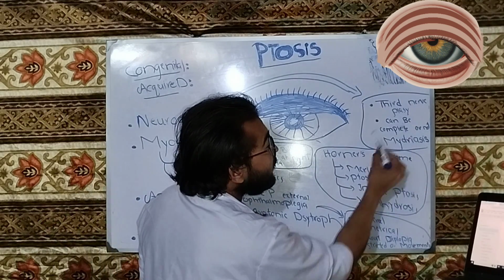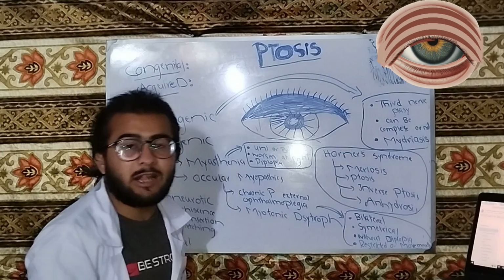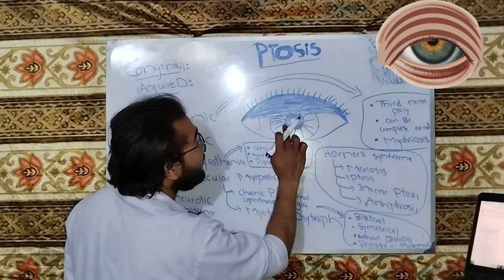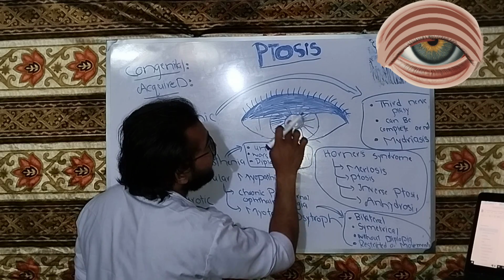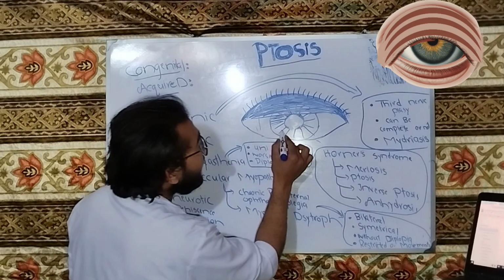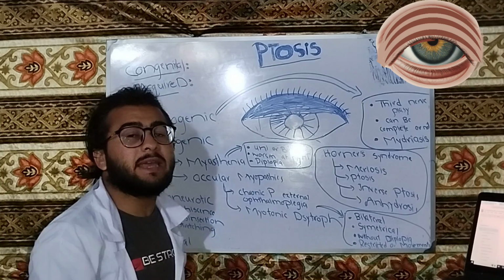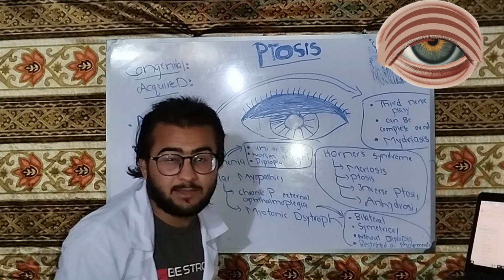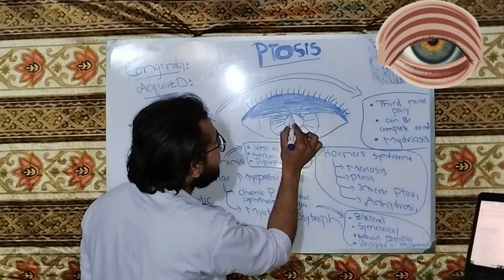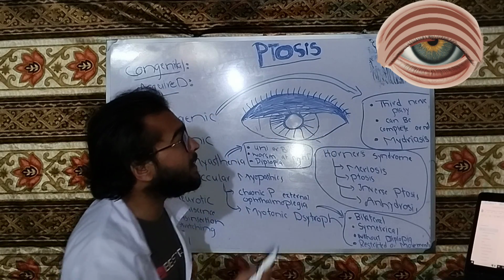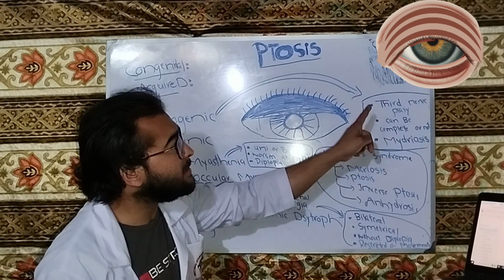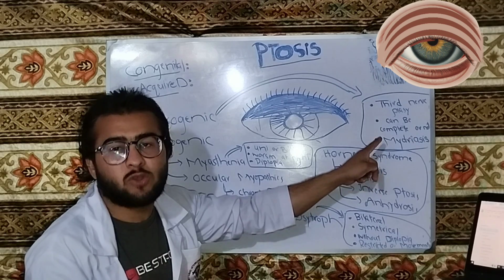Associated mydriasis will also be present. Mydriasis is, for example, when there is dilation of the pupil. Why? Because the third nerve also carries the fibers of the parasympathetic nerves, and the sphincter pupillae muscle is supplied by the parasympathetic fibers of the third nerve.